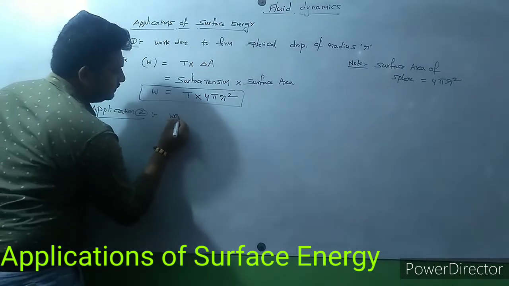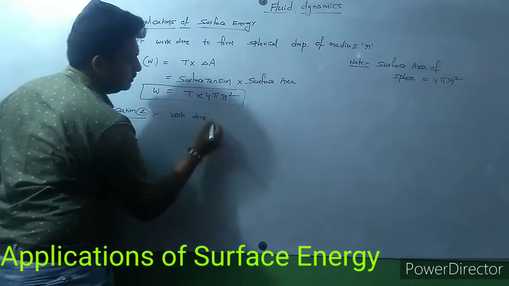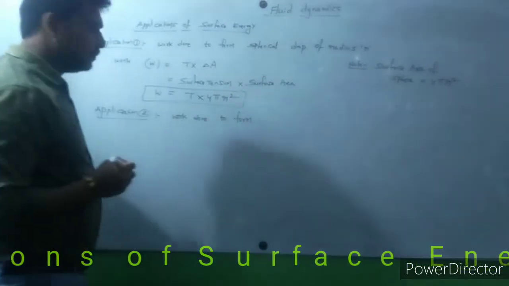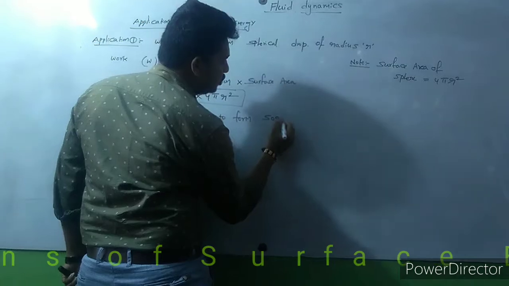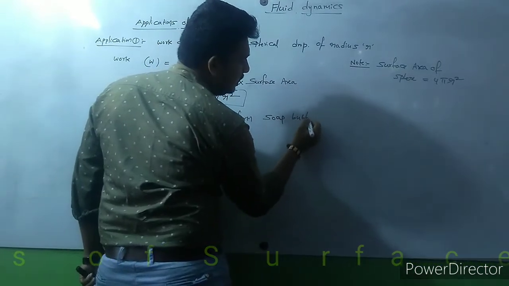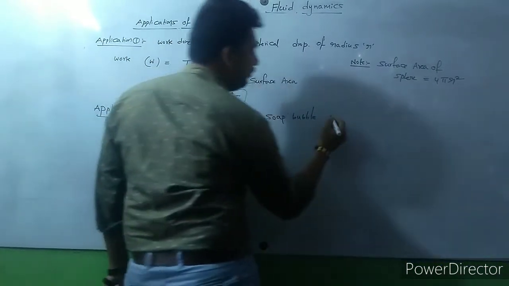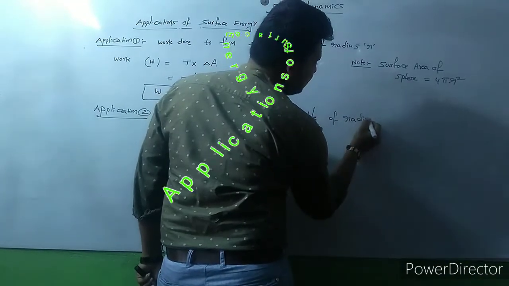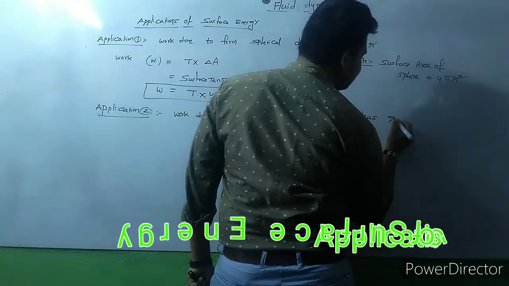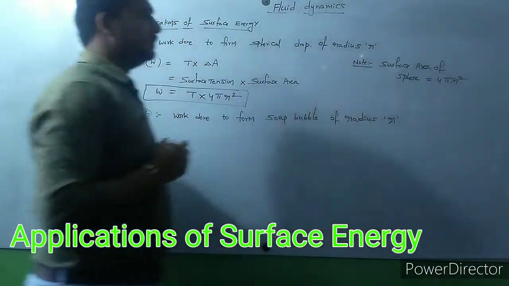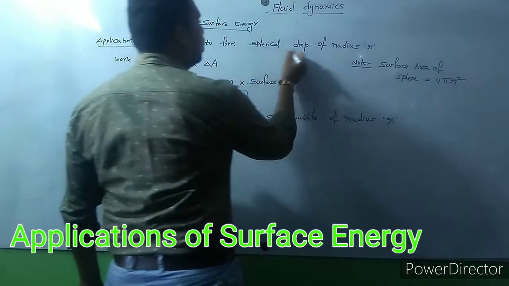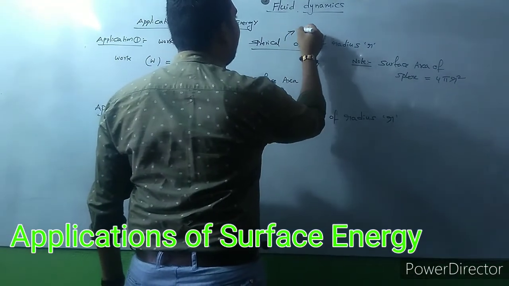Work done to form a soap bubble of radius r. So here a spherical drop is nothing but an air bubble.